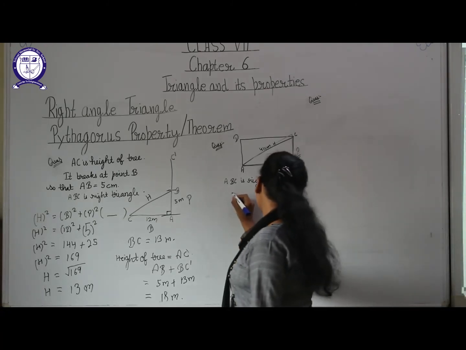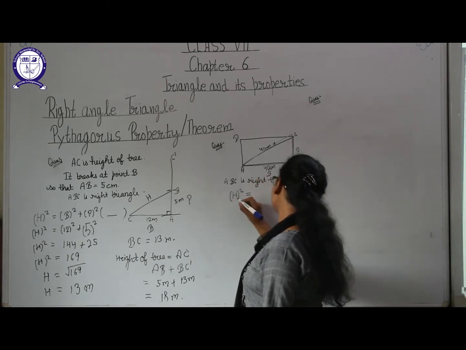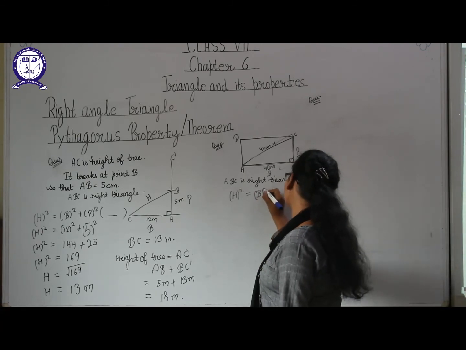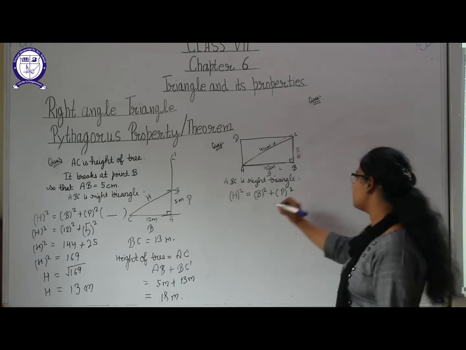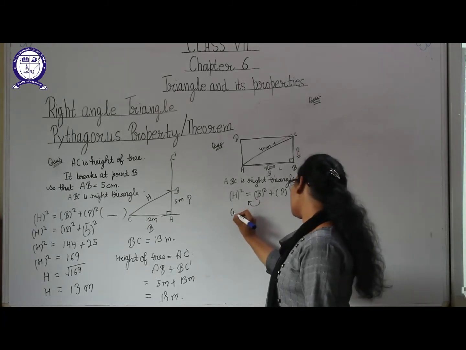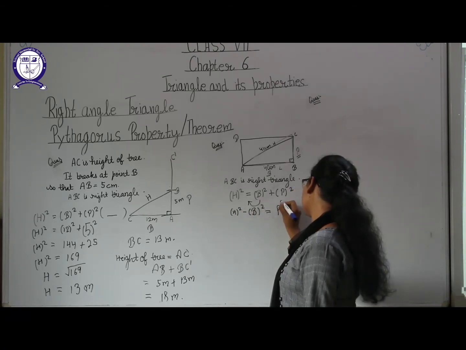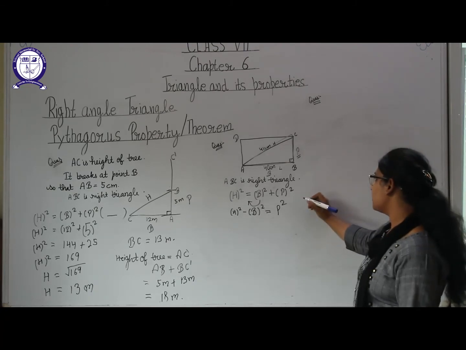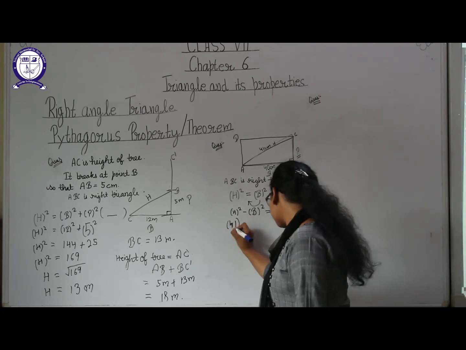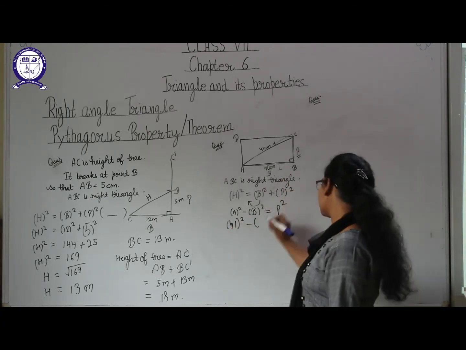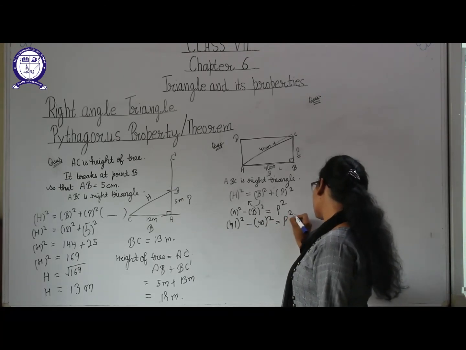So from the formula of Pythagoras theorem, hypotenuse square is equals to base square plus perpendicular square. And here we need to find perpendicular square, so we will take base square to the other side. So hypotenuse square minus base square will be perpendicular square. We will write the value of hypotenuse, which is 41 square, minus base 40 square, which will be equals to perpendicular square.